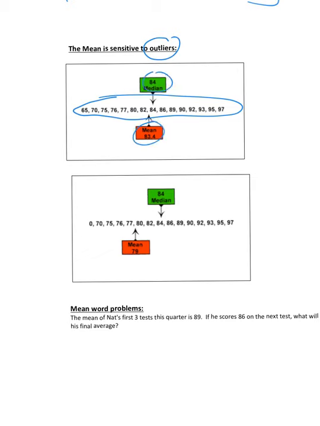If you look at the second set of test scores, somebody got a 0 on the test. And so what that does is it throws off the mean dramatically. Now the mean is only 79. So a class average can be brought down dramatically by an outlier, a really high or a really low score. But the median stayed the same. Okay?